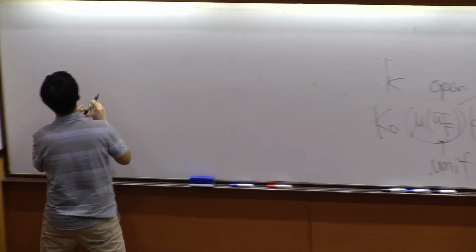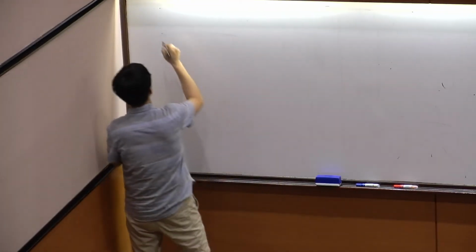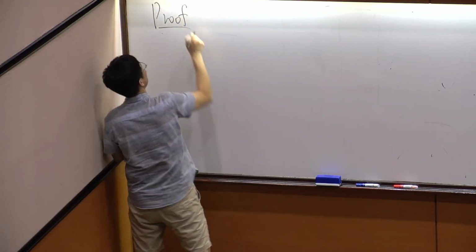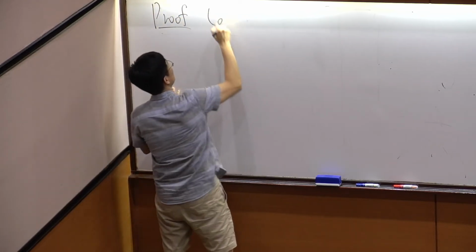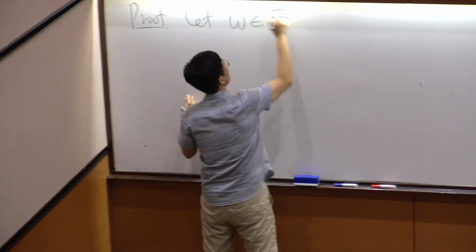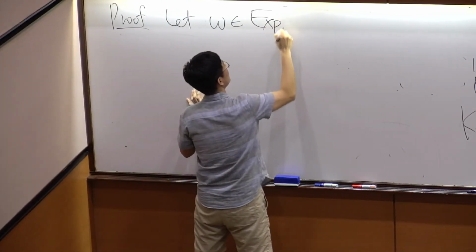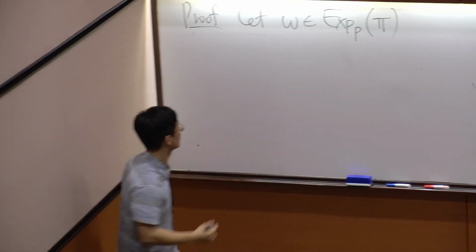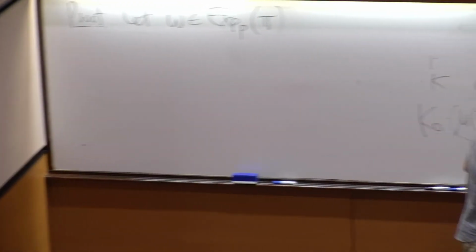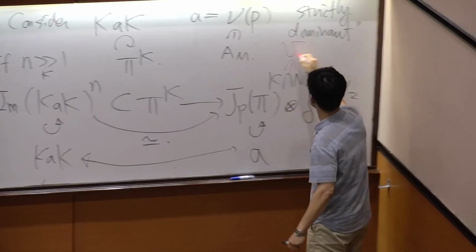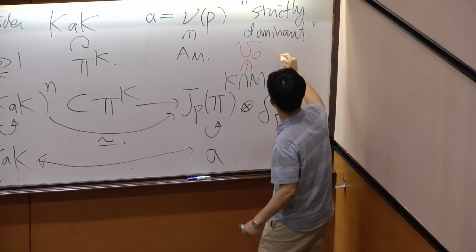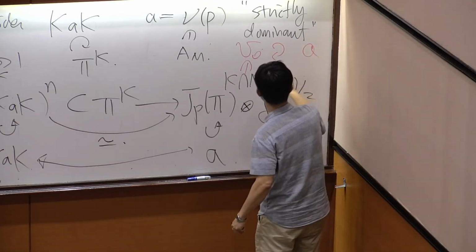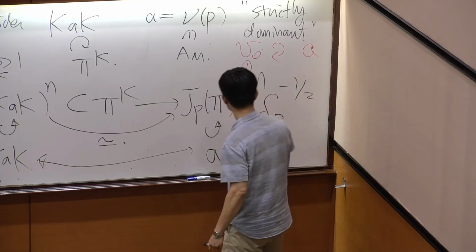Okay, so let's really start the proof. So given an exponent, a central character in the Jacquet module, it means that there exists an element in here. Let's call it v0, on which A acts by this character.